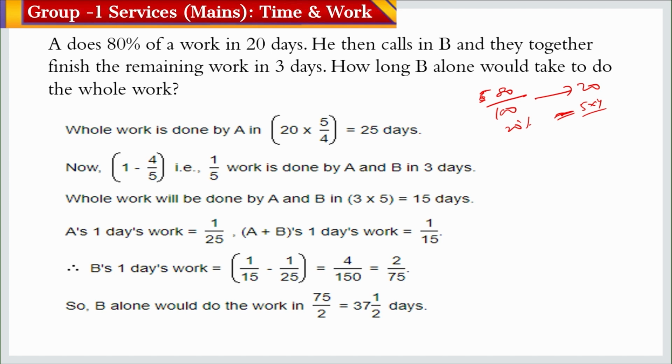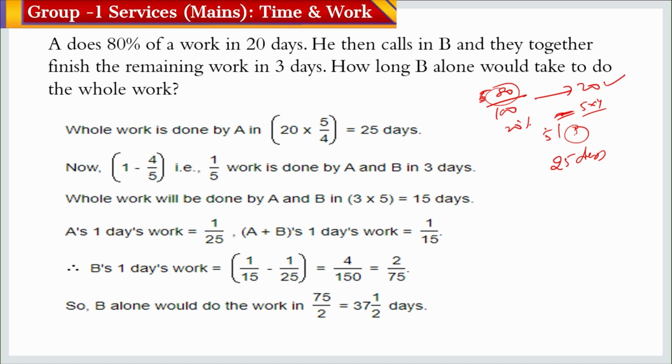So for 4 days he will finish 5%, for 5 days he will finish 20%. He has done his 20 days work. So in 25 days he will finish the work, correct. Okay.